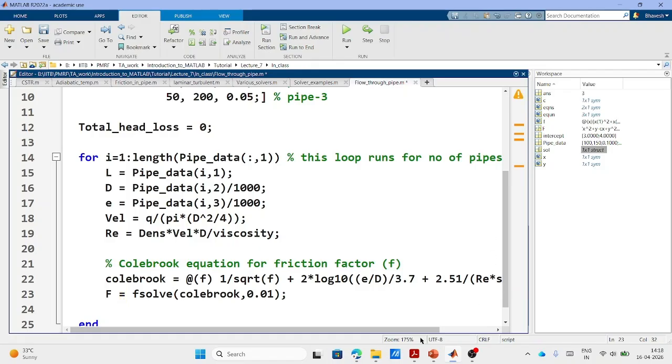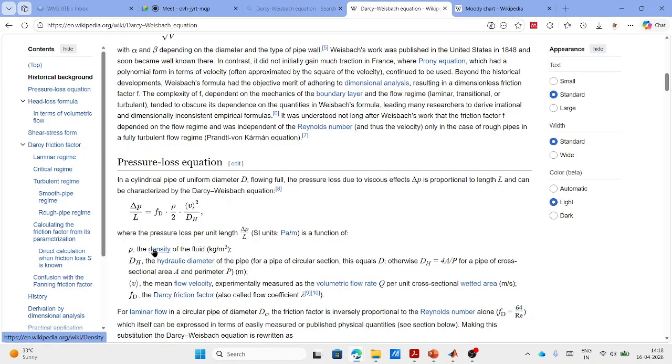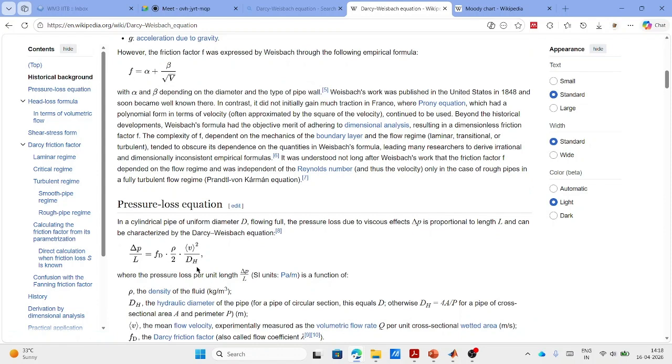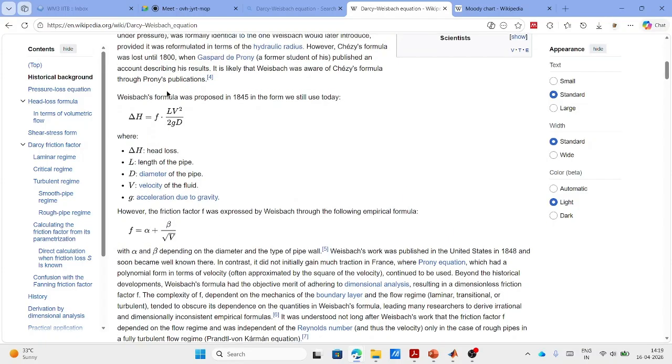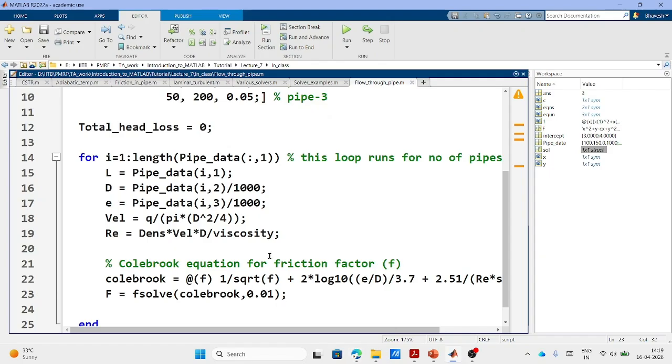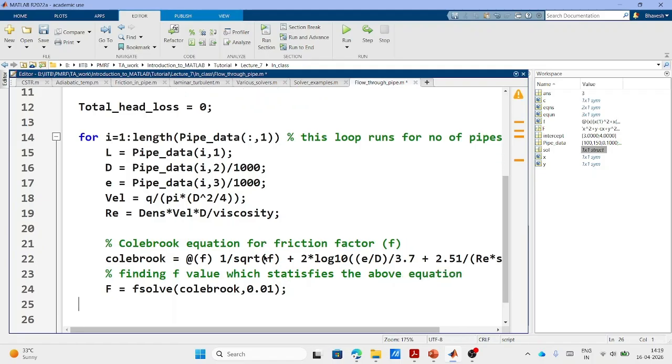Once you know the value of your friction factor, you can use your Darcy-Weisbach equation to find out the pressure drop, or the head loss. So this is finding the f value which satisfies the above equation. This we have done.